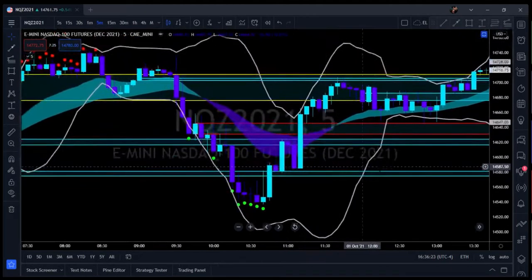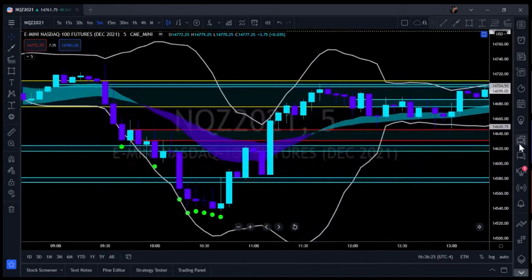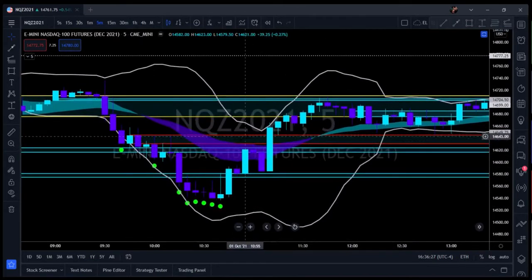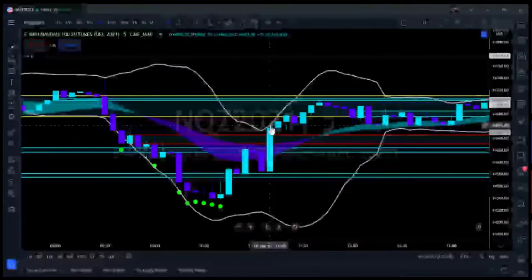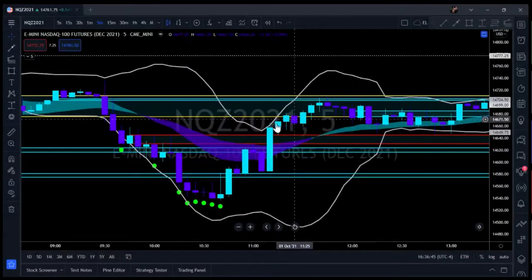But the whole rule set is that you cannot delete a box until it's become an A plus. Well, technically, this would have been the A plus right here, and if you would have taken the short right here, you would have lost. Obviously.